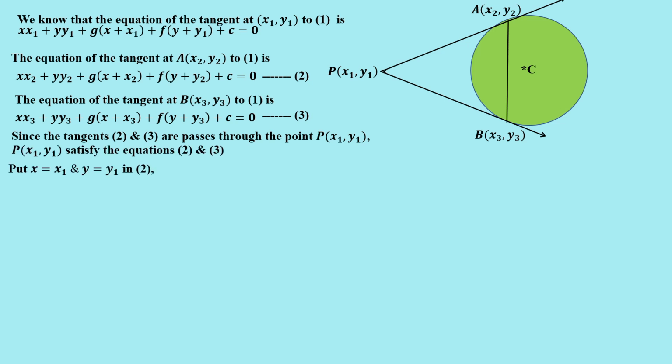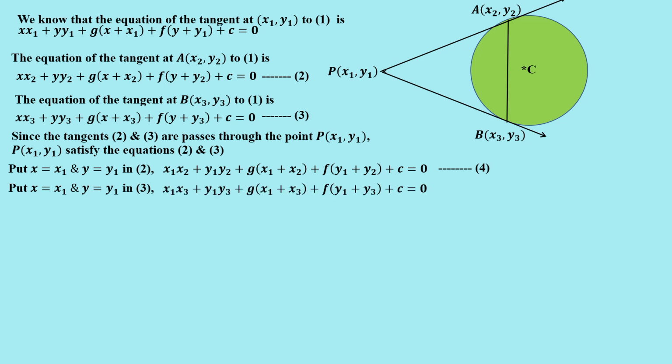So first put x equal to x1 and y equal to y1 in 2. So x1 x2 plus y1 y2 plus g into (x1 plus x2) plus f into (y1 plus y2) plus c equal to 0. That is equation number 4. Then put x equal to x1 and y equal to y1 in equation number 3. So x1 x3 plus y1 y3 plus g into (x1 plus x3) plus f into (y1 plus y3) plus c equal to 0. That is equation number 5.